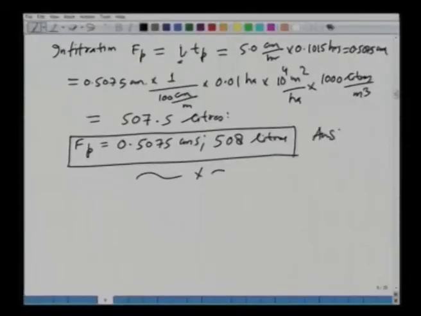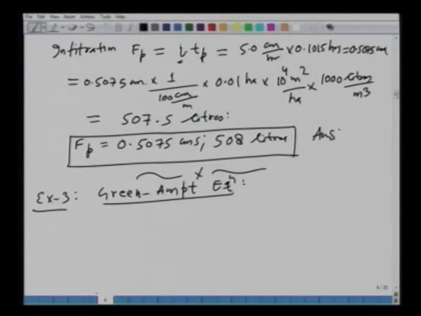So, if we see that, this is my third example today. That is all we will do. It is on the use of the Green-Ampt equation. First, I will state the problem like I did for the previous two examples.